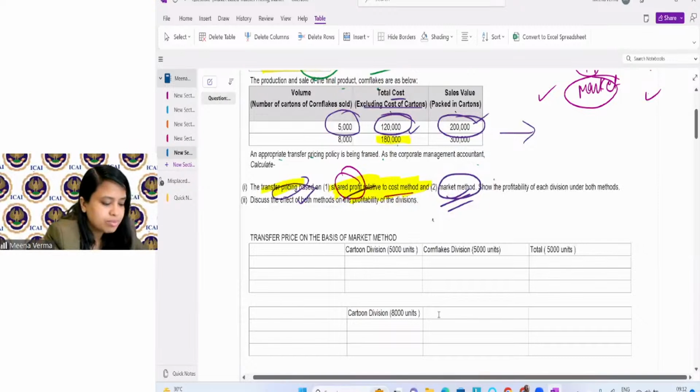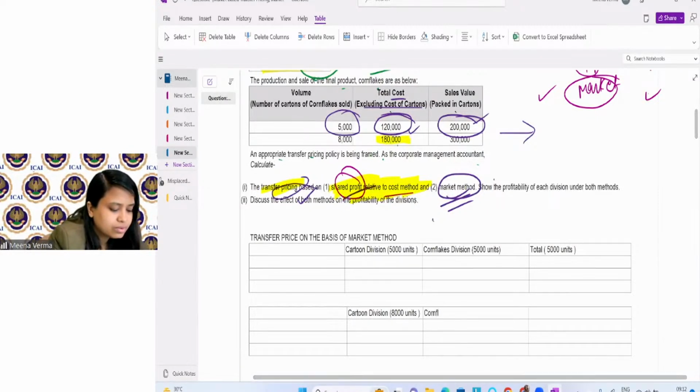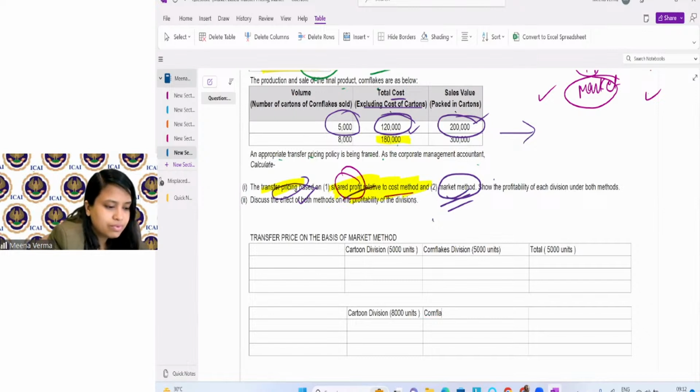And here, in the complex division, how many units? 8,000 units. Okay, total.